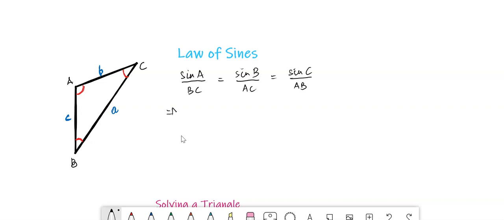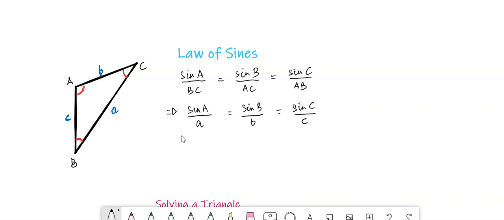Now, if you replace BC by its length, the length of BC is a, and the length of AC is b. Similarly, the length of AB is c. So this is called the law of sines.